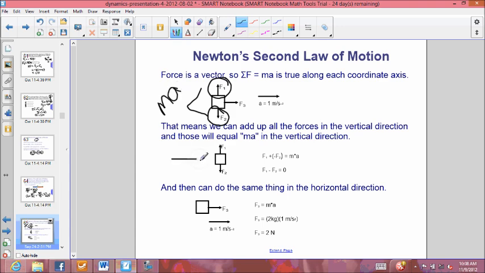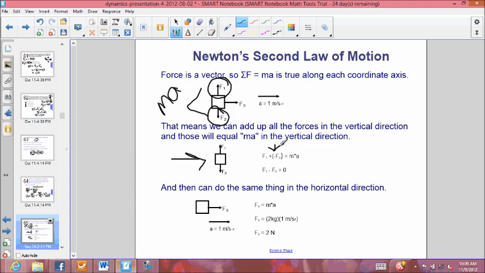So that means F1 minus F2, since it's in the opposite direction, that's why it's negative, equals ma. In this case, if it's not moving, the acceleration is 0. So F1 minus F2 equals 0.